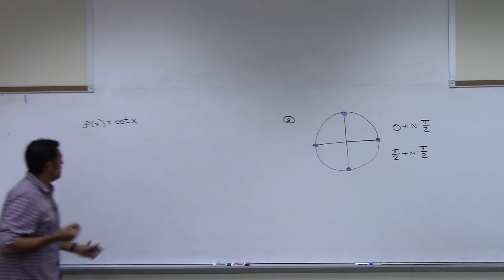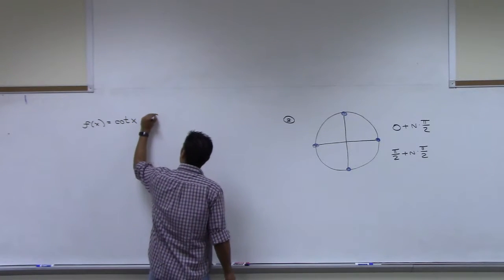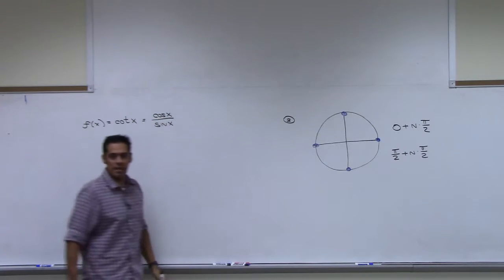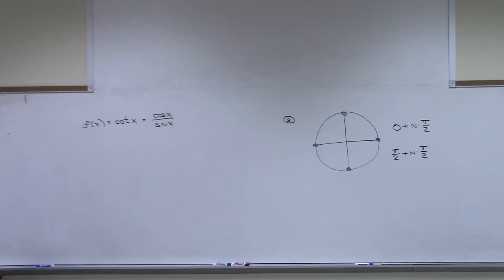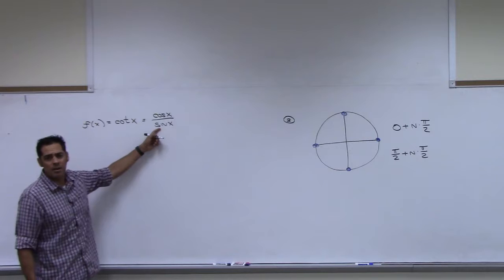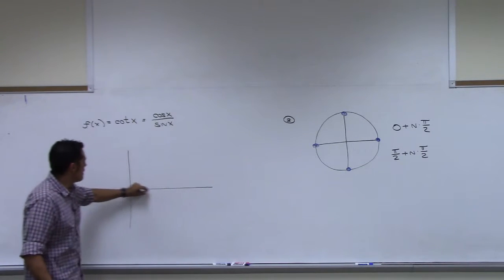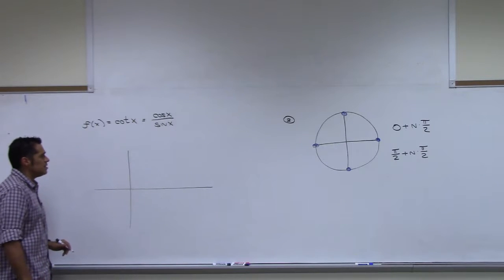Well, we know that cotangent by definition is cosine of x over sine of x, right? It's the reciprocal of tangent. So automatically from here, we know we're going to have problems whenever sine is 0. Whenever sine is 0, we're going to have issues.